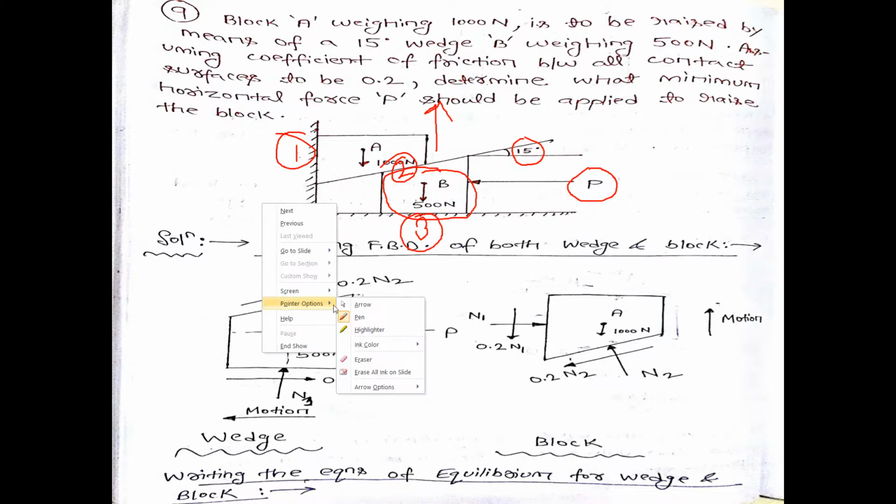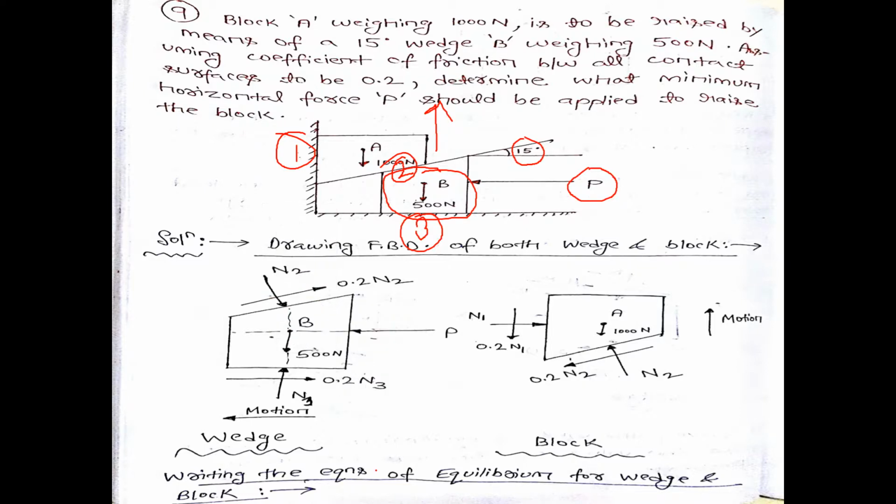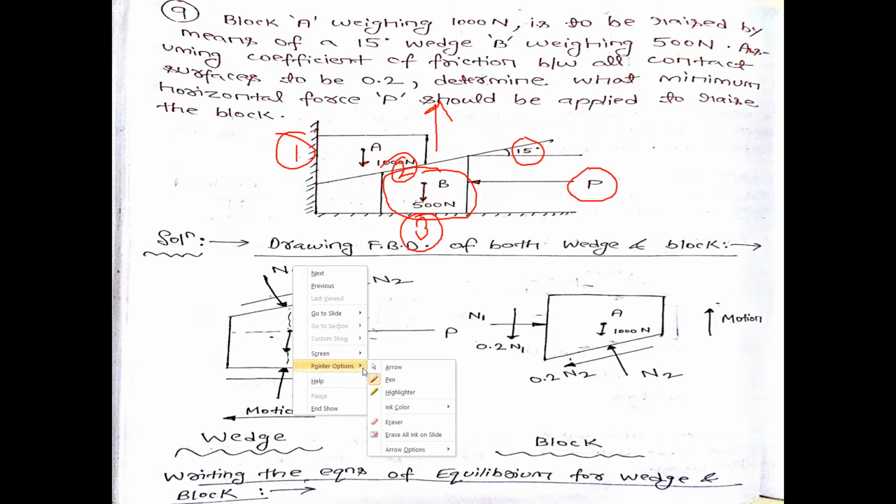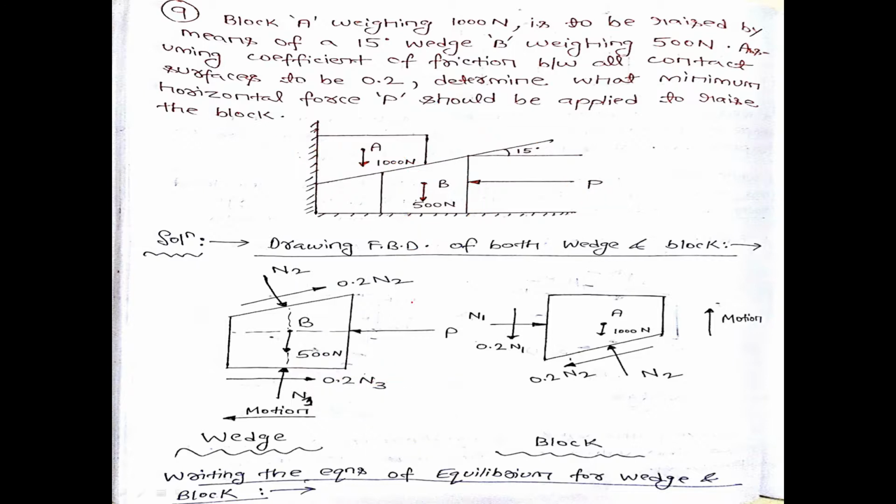The very first step is to individually draw the free body diagram of the wedge separately and the block separately. The left hand diagram is the FBD of your wedge, that is block B, and the right side diagram is the FBD of block A, which we need to trace.